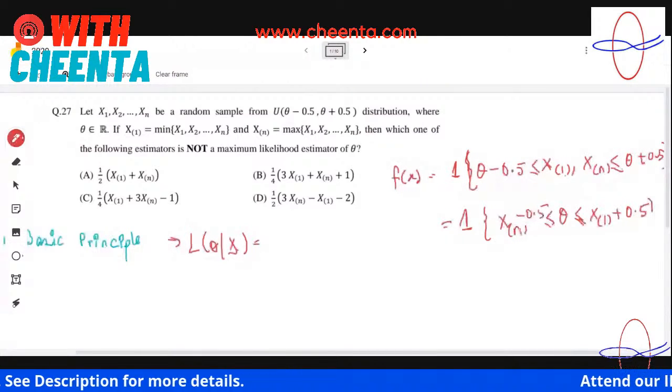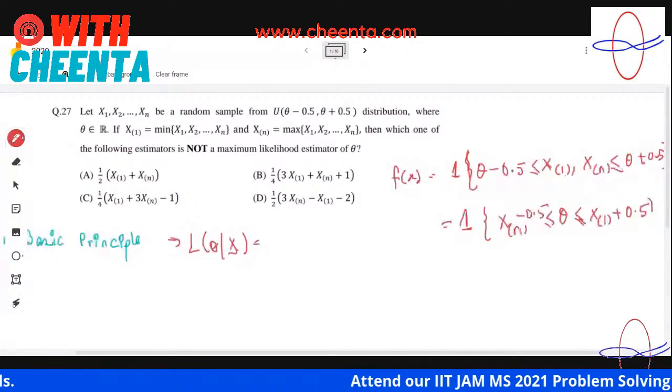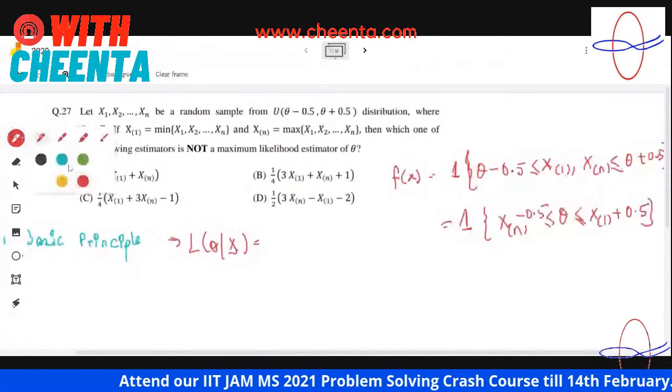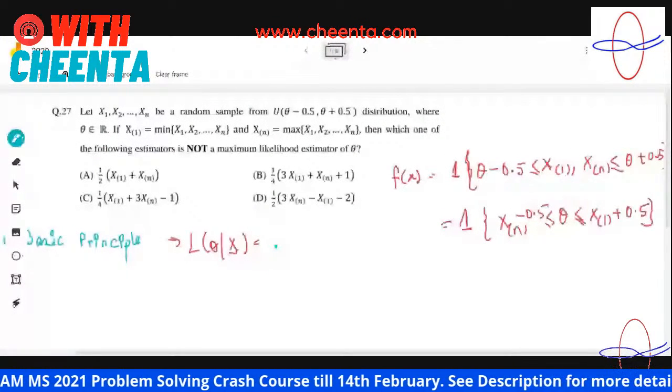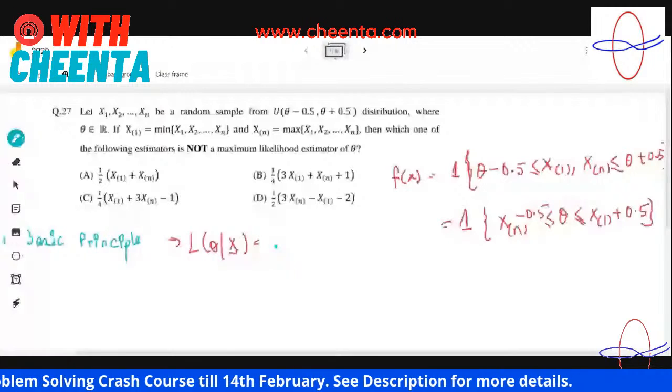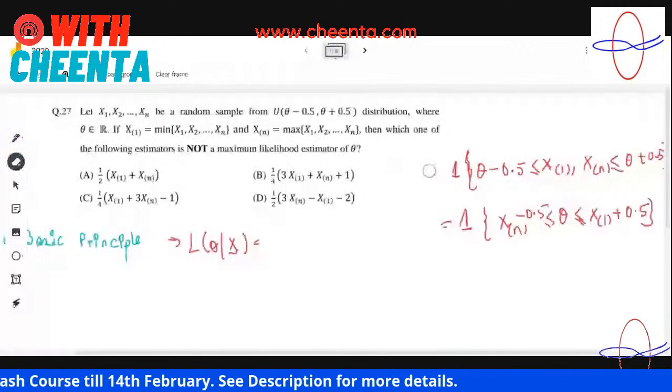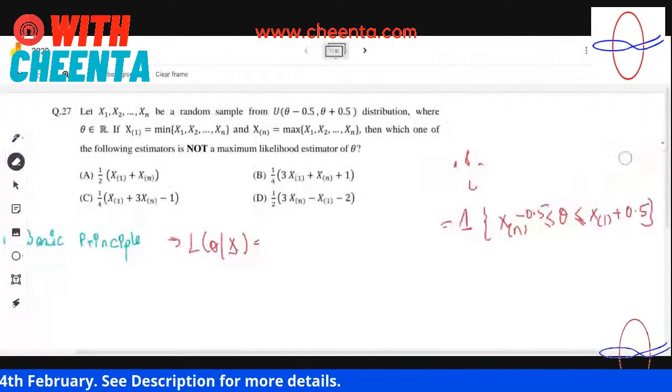Okay, hello guys. So you will get the likelihood as an indicator. Actually, I have written the likelihood over here, not f of x but the likelihood. So I should have written it here.